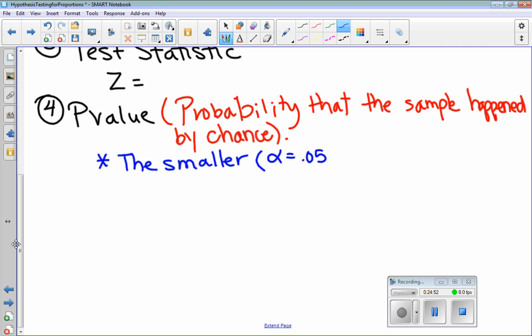They usually are complements of each other. But you're really going to be comparing your p-value to an alpha. Okay? So if you have an alpha of 0.05, which is a common one that we use, because 95% confidence is often what we use as well, but if our p-value is smaller than that, or smaller than whatever stated alpha level is, then we have evidence to support the alternative hypothesis.